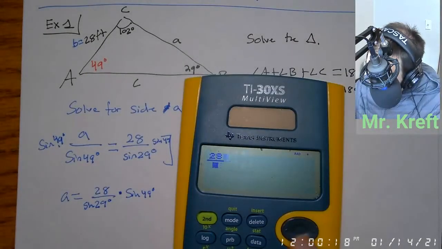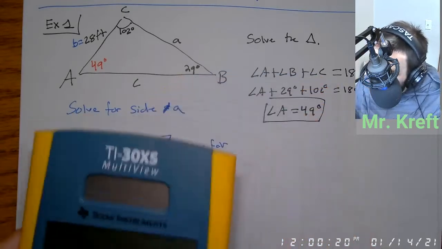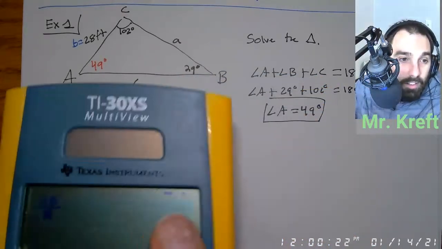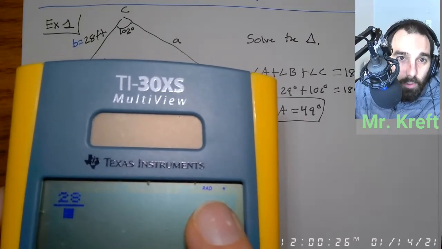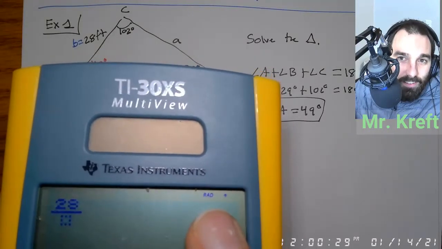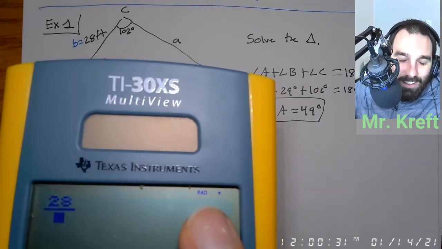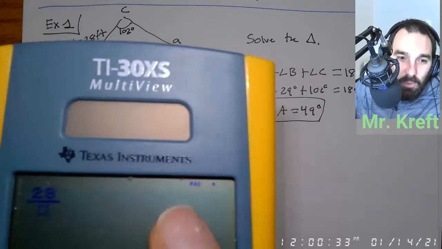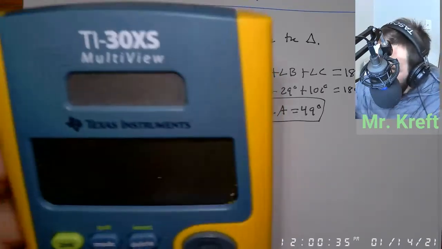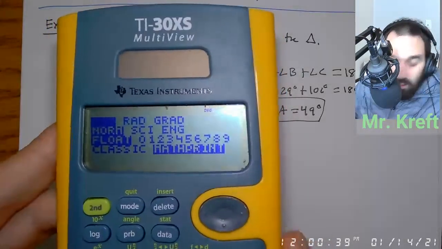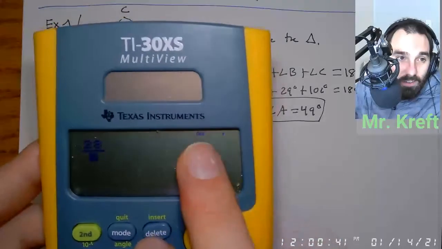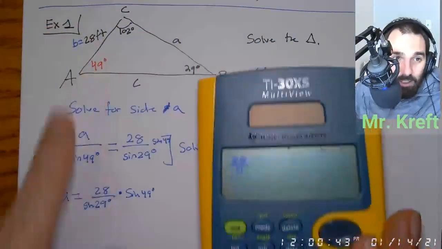Make sure you're in degrees. Get out of radians. I hate this book, but get into degrees. You guys have to be in degrees, so I'm going to go to mode and go degrees, because this is in degrees.